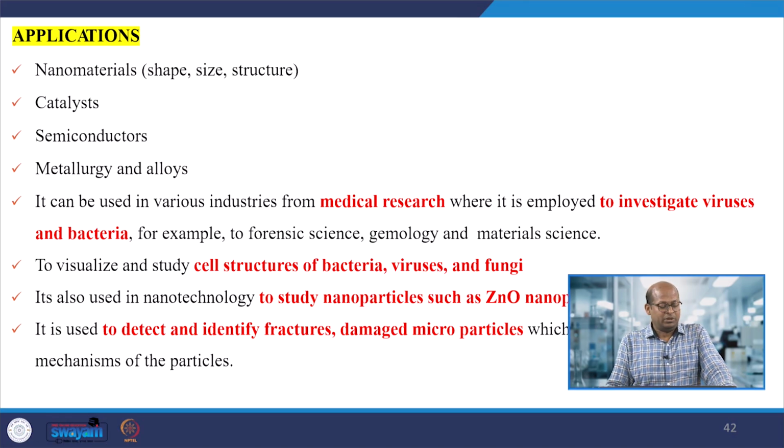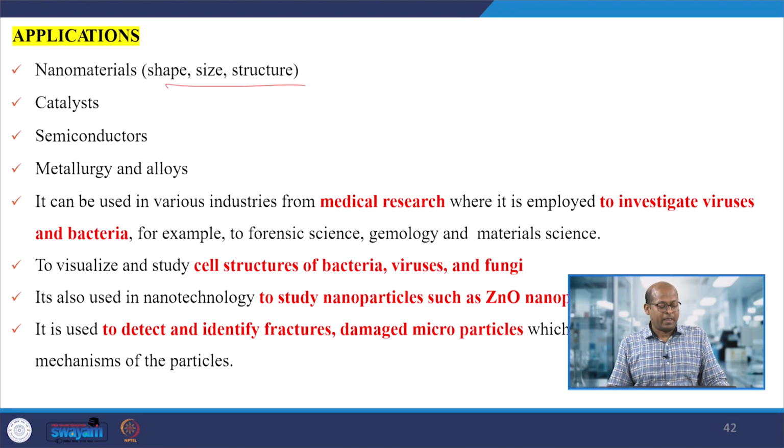These are the applications of TEM analysis. For nanomaterials, we can analyze size, shapes and structures. Catalysts can also be prepared in the nano range, and we can get their structures or morphology.